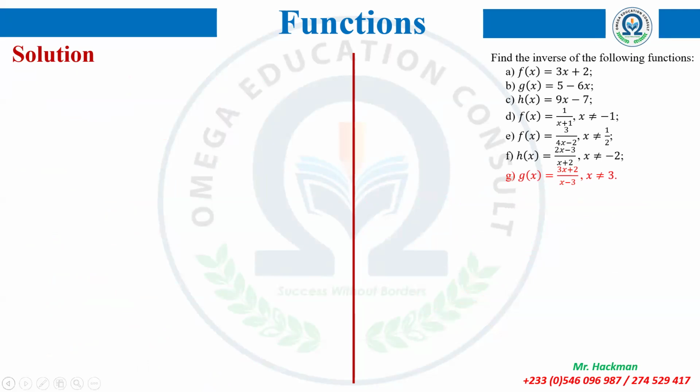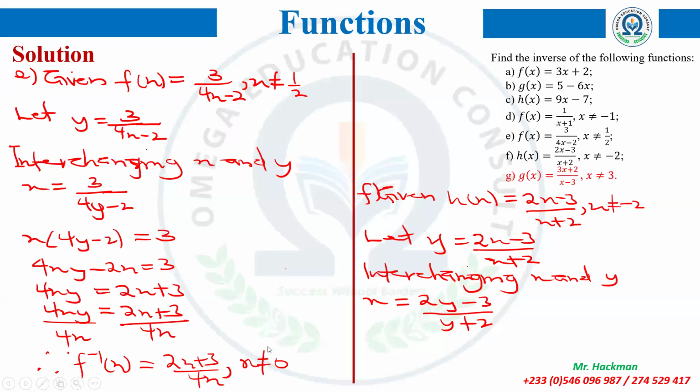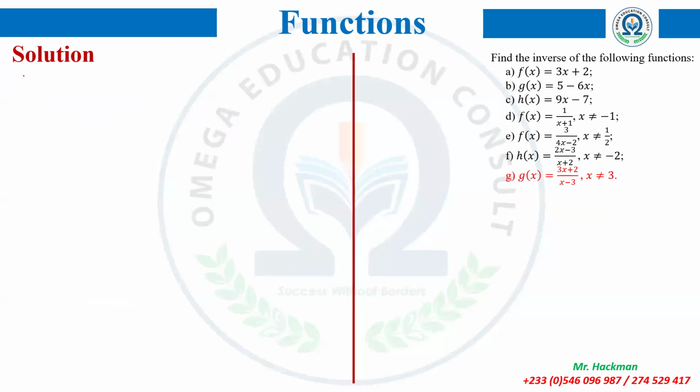It will be x into y plus 2 is equal to 2y minus 3. Am I right? Good. So now you come and expand.